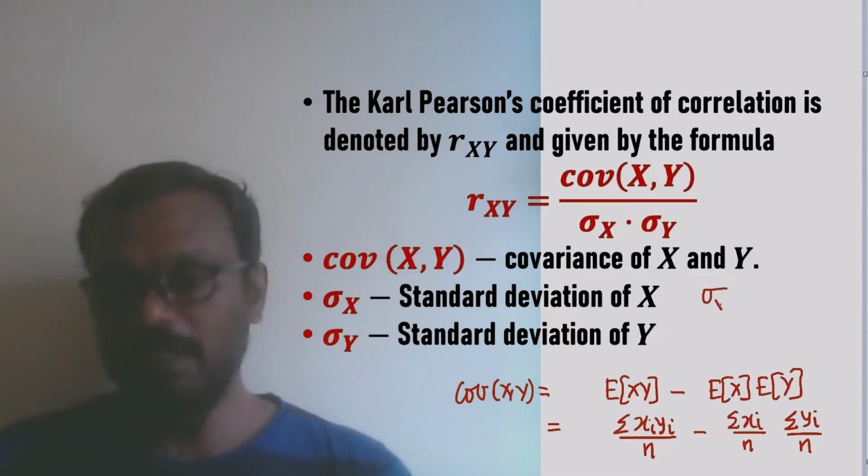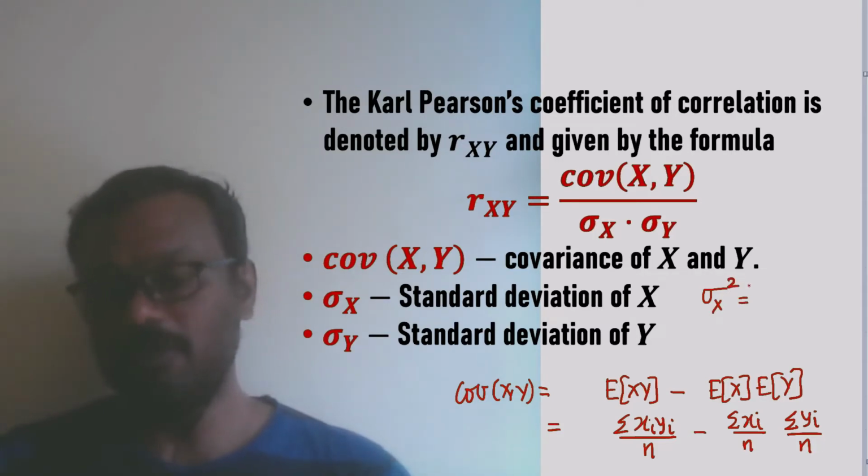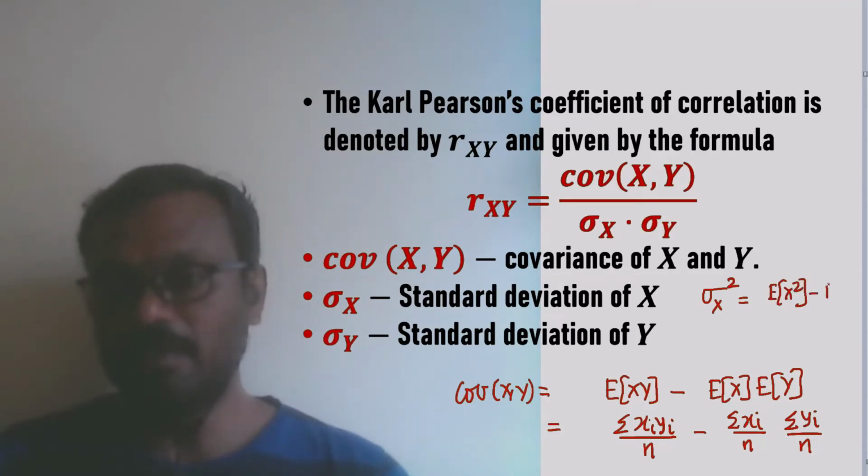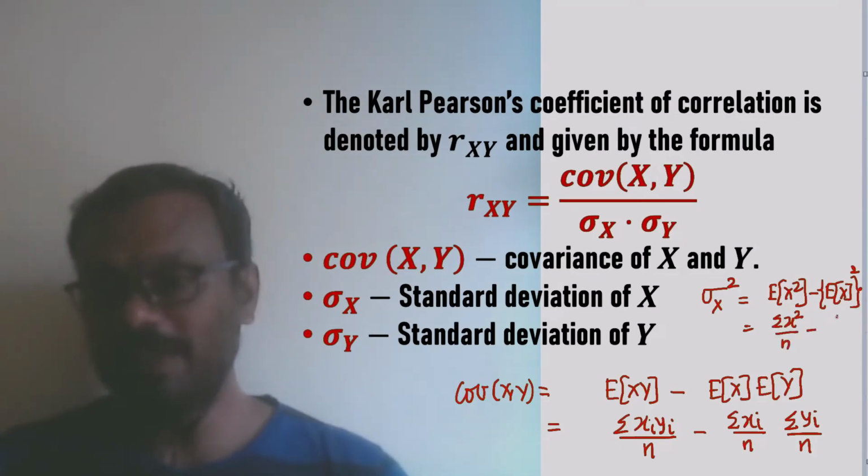And now the variance of x, that is sigma x squared, the square of the standard deviation, is nothing but E of x squared minus E of x the whole squared. E of x squared means, if the values of x are known, just tabulated, the arithmetic mean of x squared, and E of x means the arithmetic mean of x.